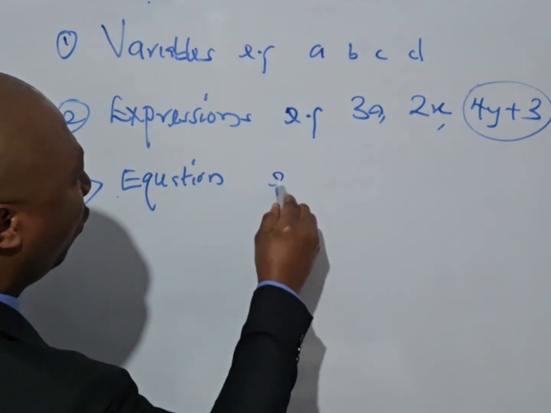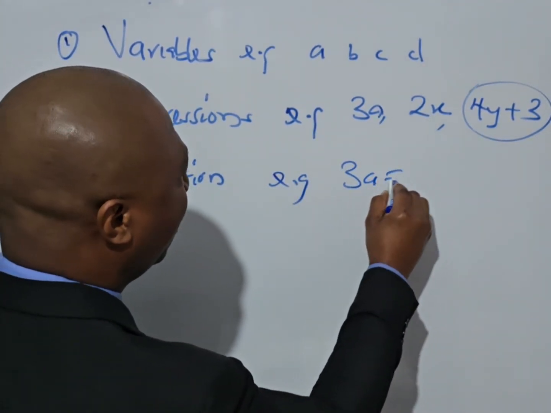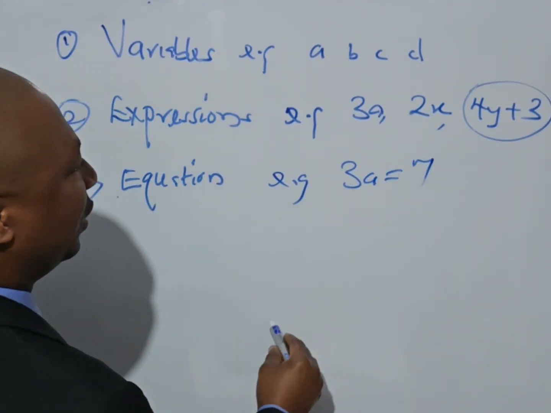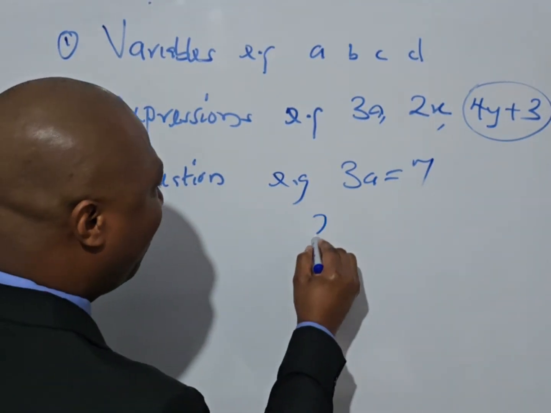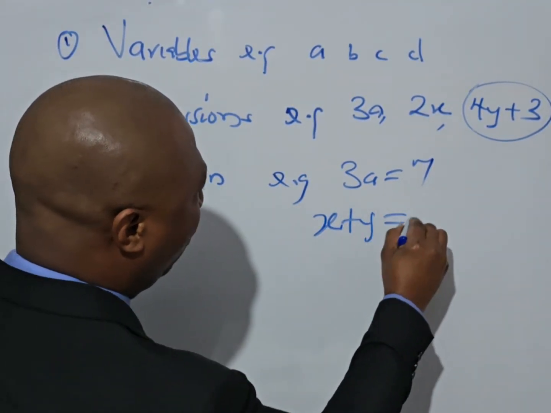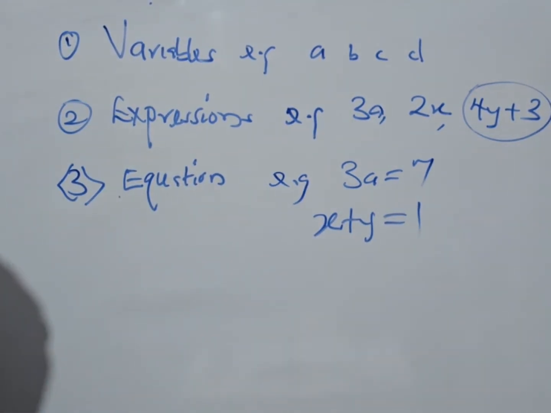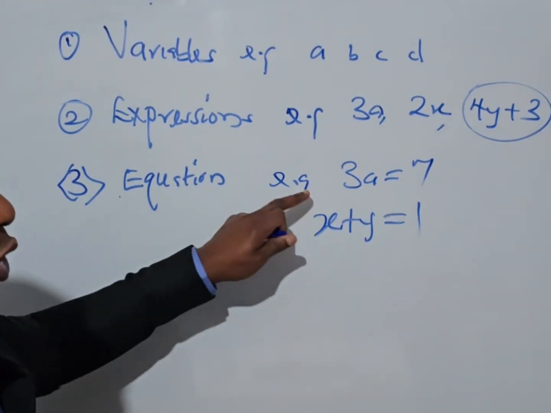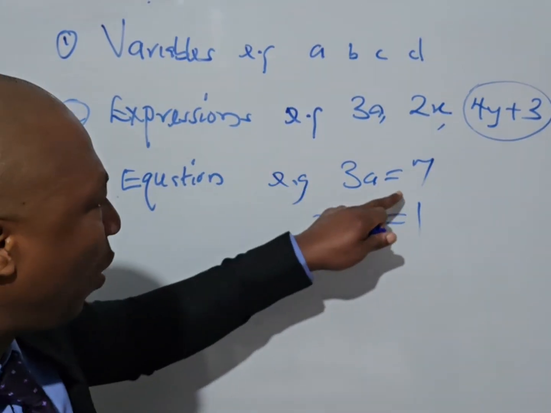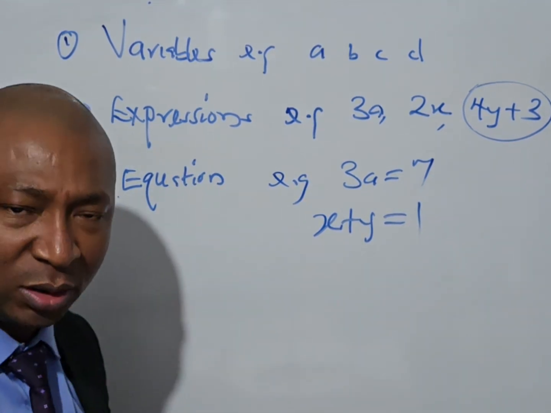For example, here we have 3a equal to 7. This is an example of an equation. We may also have x plus y equal to 1. It is an equation because it has equal to. Whatever expression has an equal to is an equation.